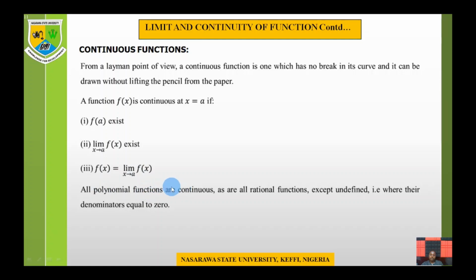All polynomial functions are continuous, as are all rational functions, except where they are undefined, that is where their denominators are equal to 0. So these are the conditions that must be satisfied before we can say that a function f of x is continuous at a point x.